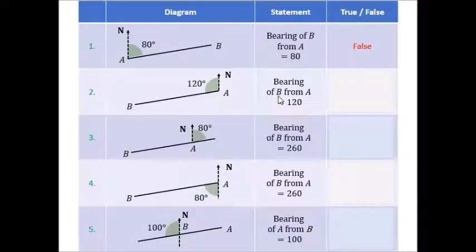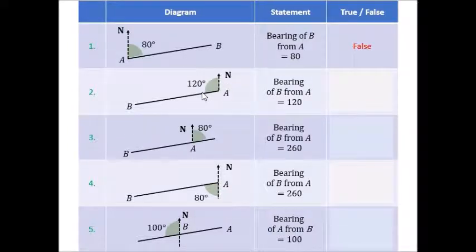Would the bearing of B from A be equal to 120? Well, considering bearings are measured clockwise from north, we would put our compass here. 120 would actually point in this direction here, towards east-southeast kind of direction. Therefore, the bearing of B from A is going in this direction, so it's the angle on the outside here, the reflex angle, the large angle.